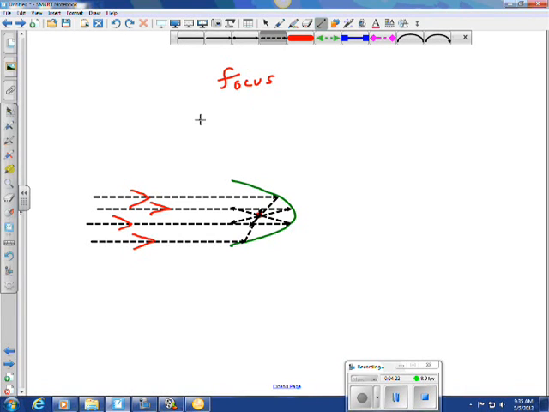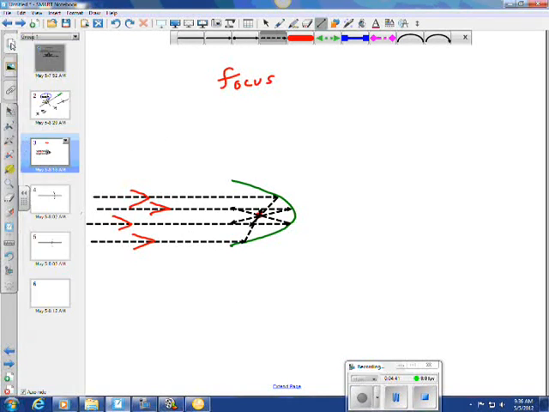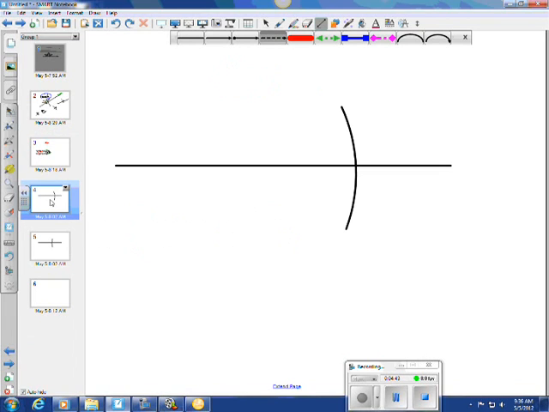As in a flashlight, the light took the same path based upon how it bounced off that mirror. Well, that's what we're going to be talking about. But it's a little hard to draw these parabolic mirrors freehand. So we're going to establish our own little rule. We're going to start using something that looks like this. That's going to be our parabola because it's too hard to draw the other one.